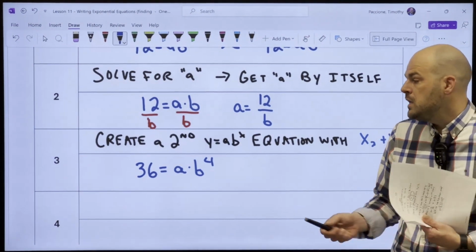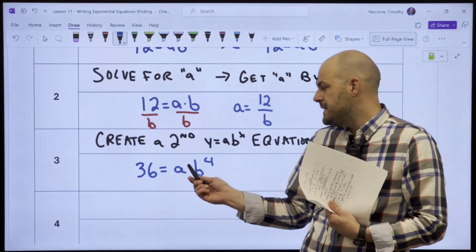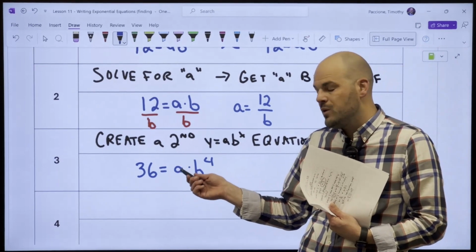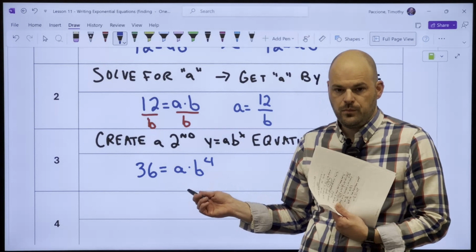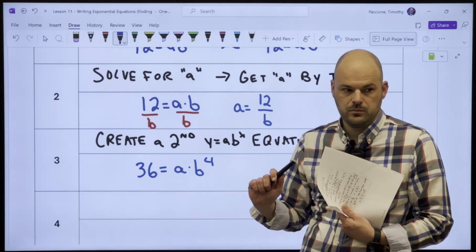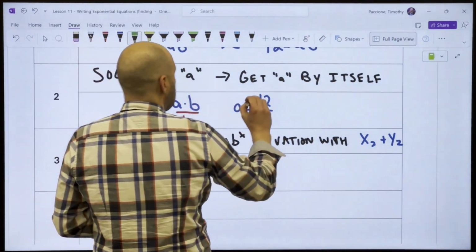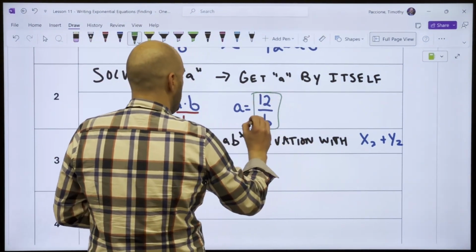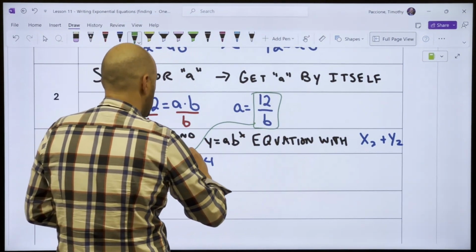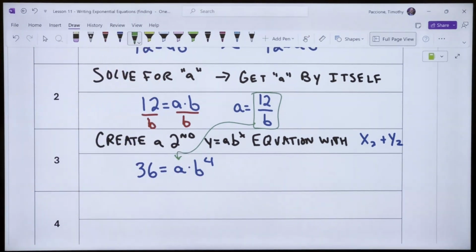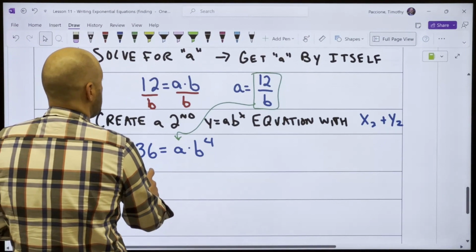So, if this says 36 equals a times b to the 4th, well, if we knew what a was, we could solve for b. What is a? 12 over b, right? Do we see that? This is a, so this can go right here, right? It can go right in a's place, and that will accomplish something for us.